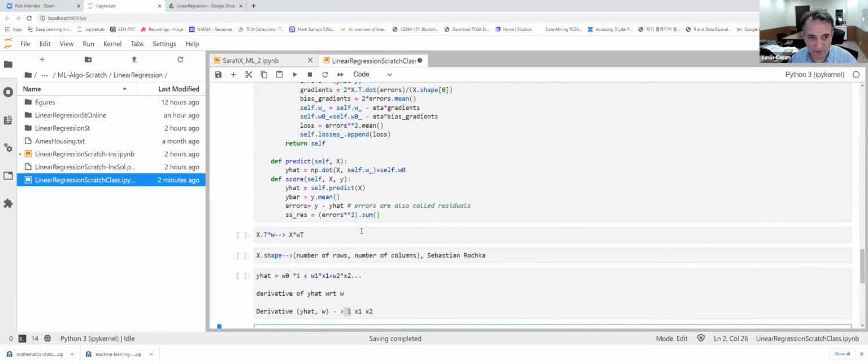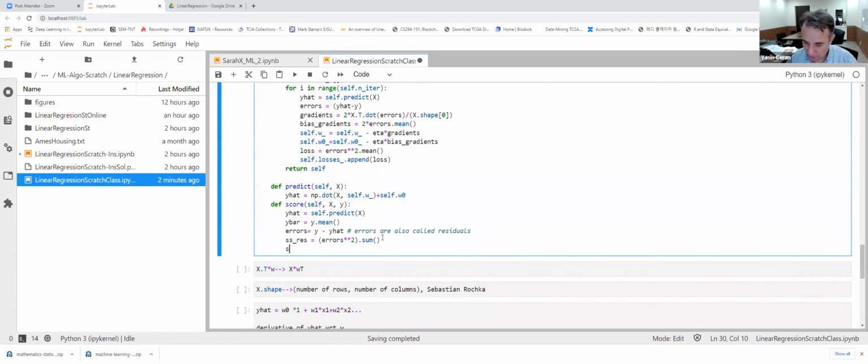I'm going to do the same thing for what we'll call sum squared of total. This time I'm going to be using y bar, so y minus y bar squared, and then take the sum of this.